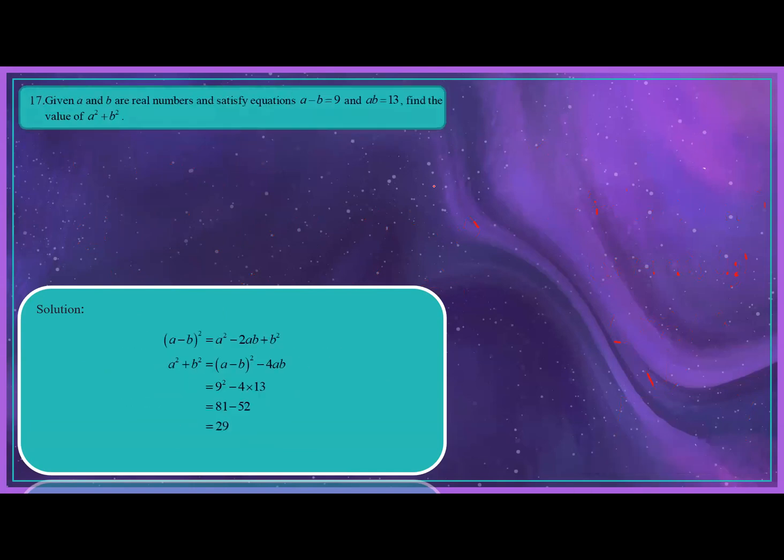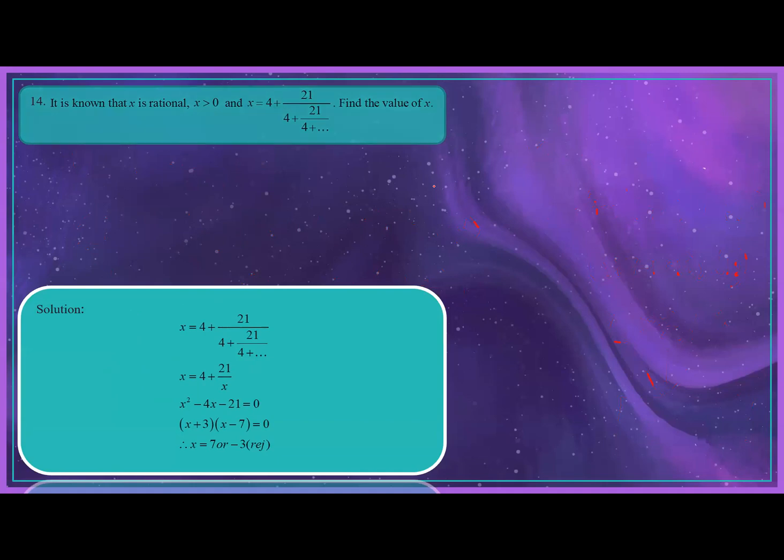Number 14. It is known that x is rational and x is greater than 0. Actually, this is redundant, and I'll explain why. x equals 4 plus 21 over 4 plus x. Basically this is a nested fraction.